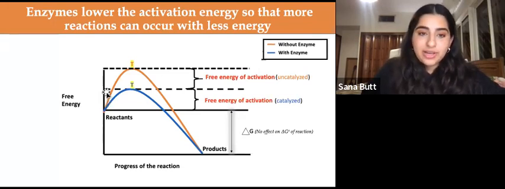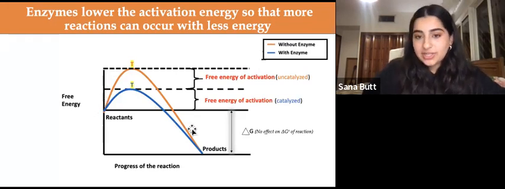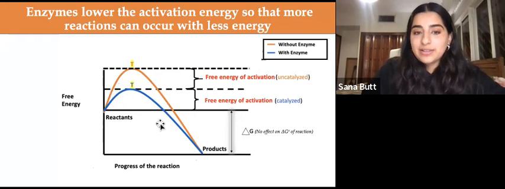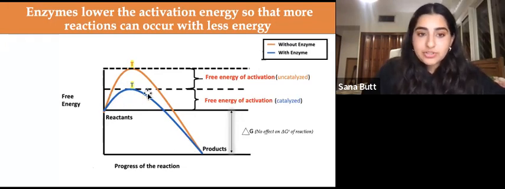So a catalyzed reaction, which is the reaction in blue, doesn't need that much energy for a reaction to occur, but an uncatalyzed reaction, so a reaction without an enzyme, requires more energy. You can think of catalyzed reactions like the one in blue as if you're outsourcing your labor to another country and you're getting things done at a cheaper price. You're using less energy and you get the same products.